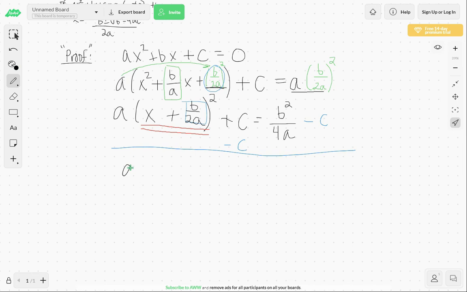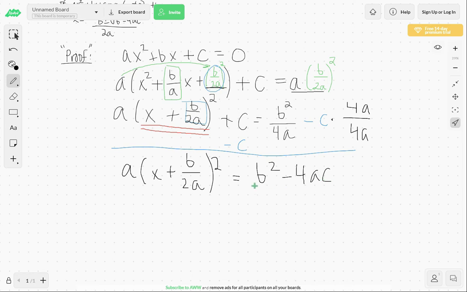Well, I'll simplify it a little bit further. We get x plus b over 2a quantity squared, and then this is equal to, now I'm going to find a common denominator. So I'm going to multiply the top and bottom by 4a of this fraction here. So that leaves us with b squared minus 4ac all over 4a.